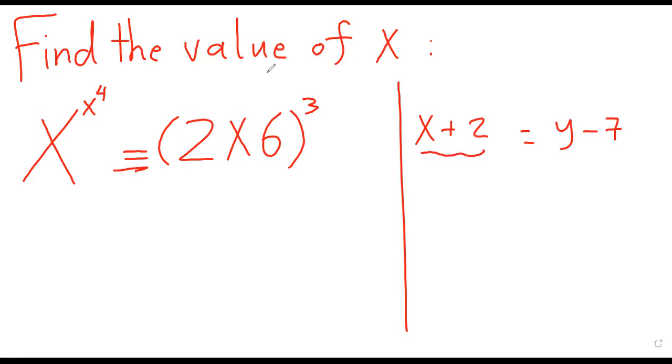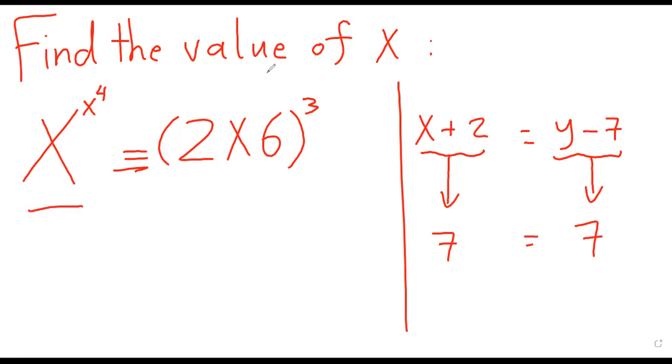Let's assume that this side equals, for example, a, or let's put a number like 7. So this side must equal 7 too. Why? Because there is an equal sign between them. If the left side equals 7, the right side must equal 7 too. So that's the same.